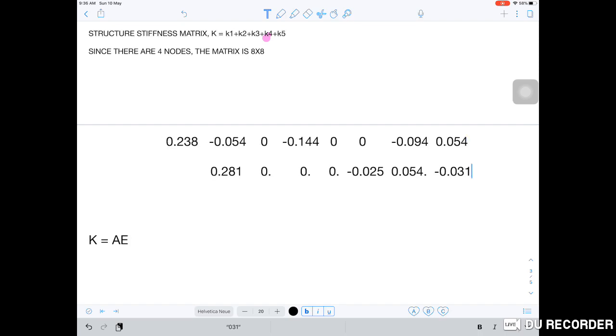We start with 3 3, because 3 1 and 3 2 have symmetric values. So we move to 3 3.